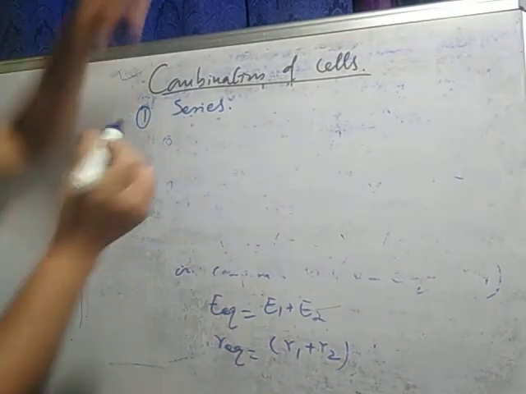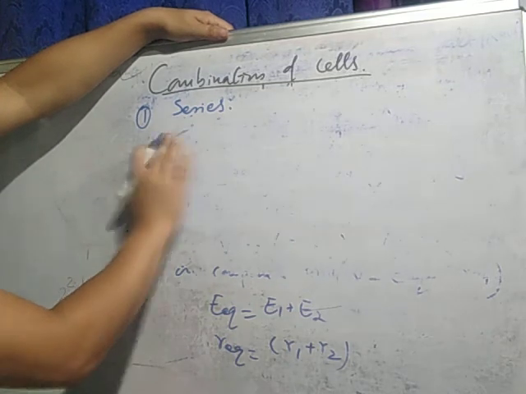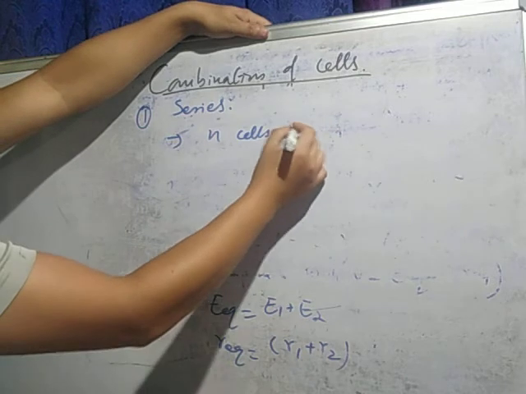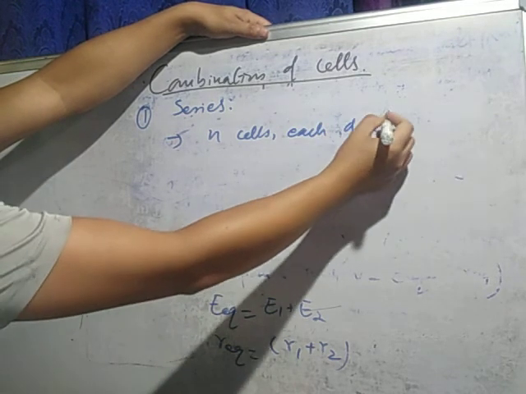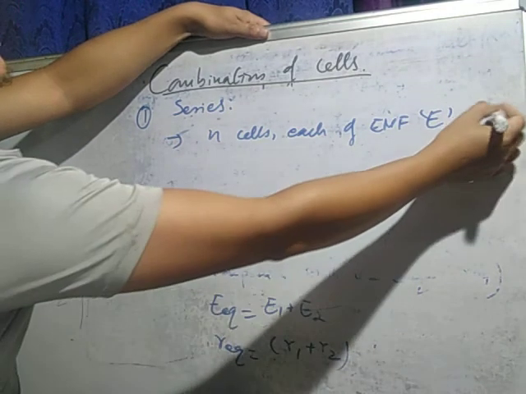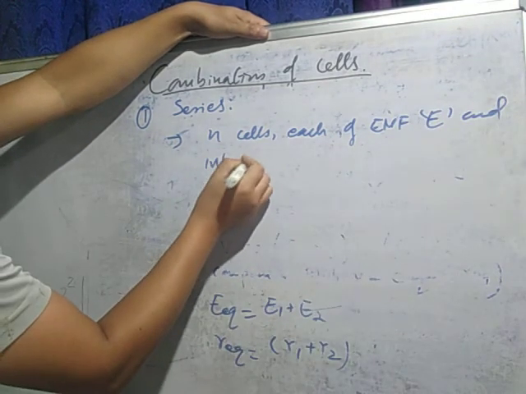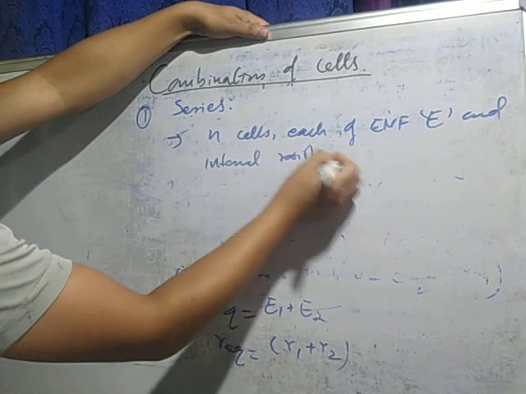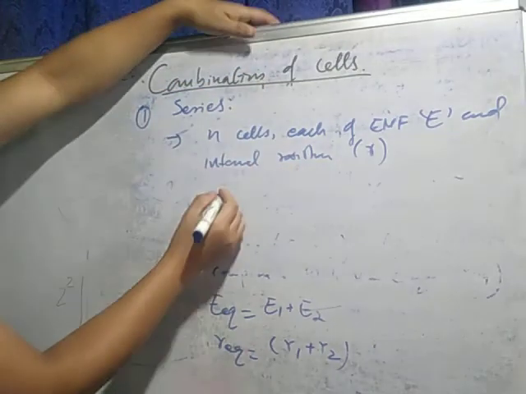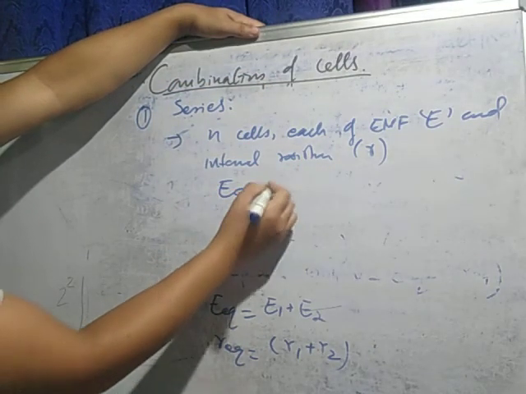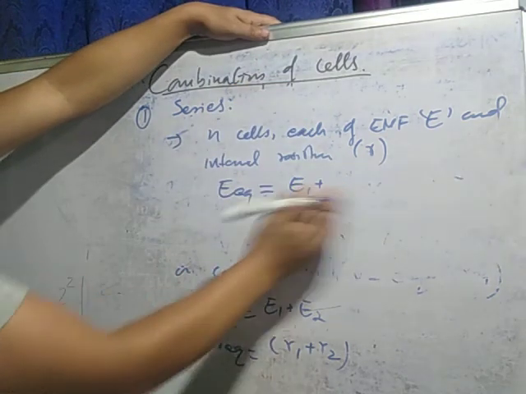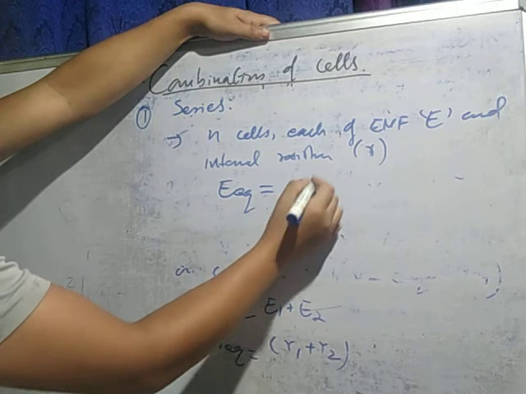Write down: n cells are there, each of EMF E, and internal resistance R. Then E equivalent equals E1 plus E2 and so on, n times, so nE.